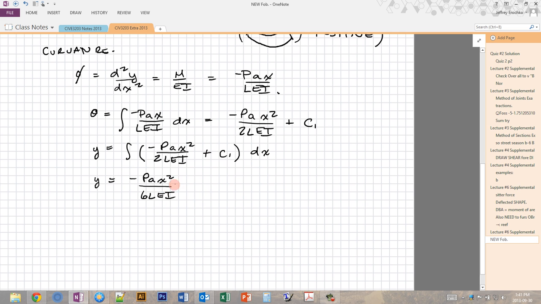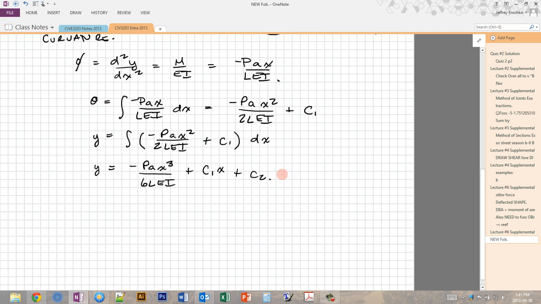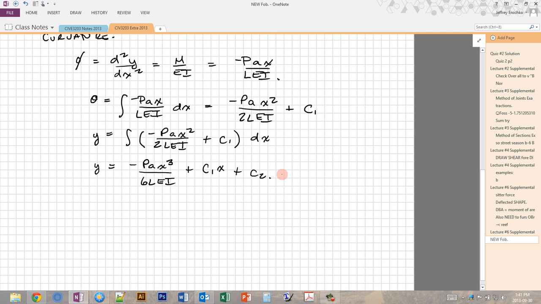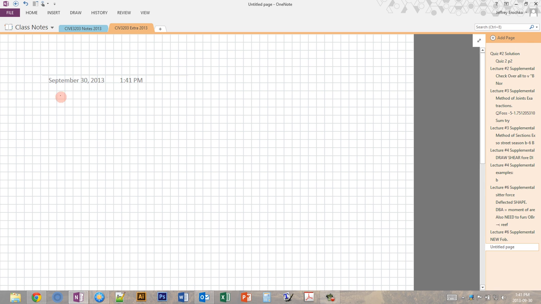Because I integrate x squared, I get x cubed over 3, so that's why we get the 6, plus C1x, so C1 is a constant, so we integrate it and get C1x, plus C2, which is the constant of integration added due to the second integration that we're doing here. So now, as I said, we want to evaluate our boundary conditions in order to find these constants.